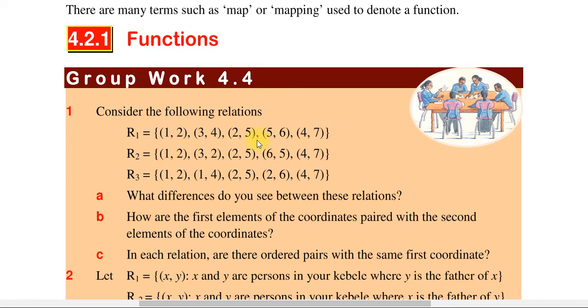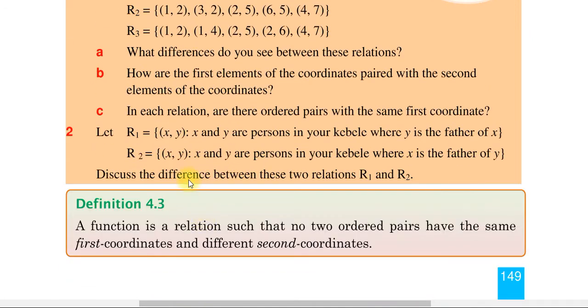What is the difference between these relations r1, r2 and r3? How are the first elements of the coordinate pairs paired with the second elements of the coordinate pairs?